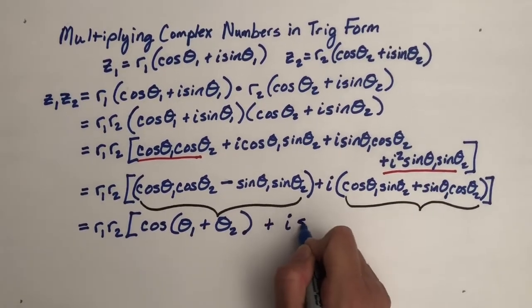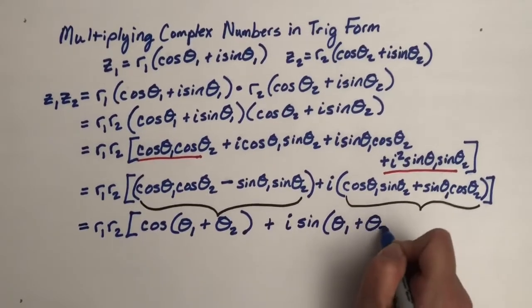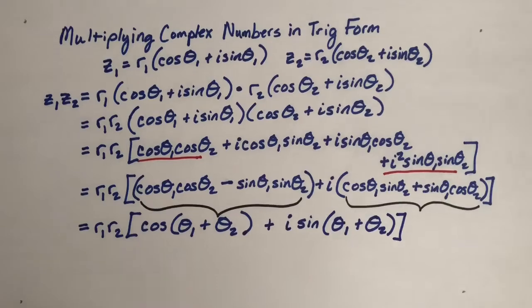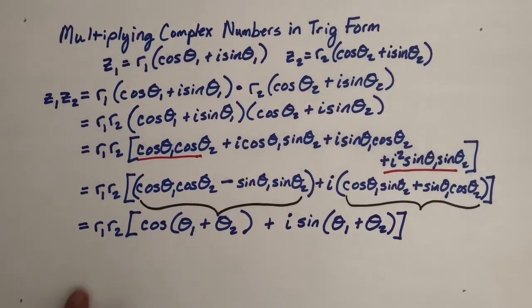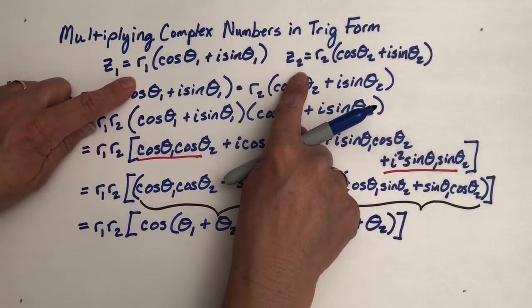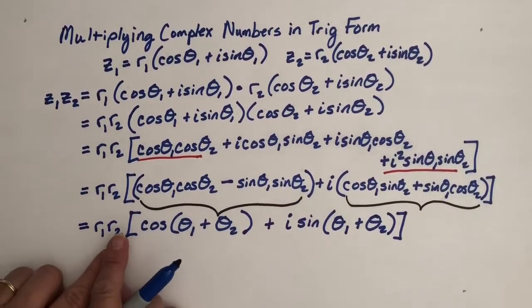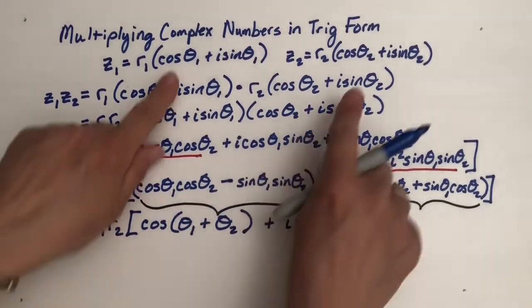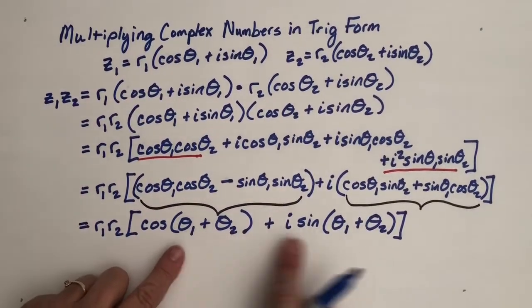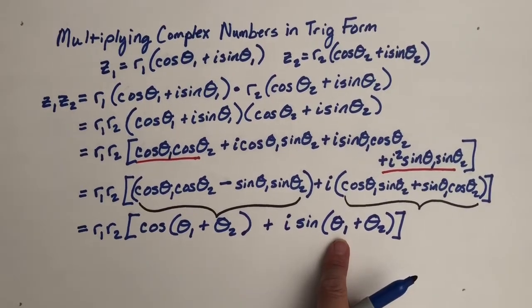And we get the sine of theta 1 plus theta 2. So here's our result. If you're multiplying two complex numbers in trig form, you multiply their magnitudes and you add their arguments.